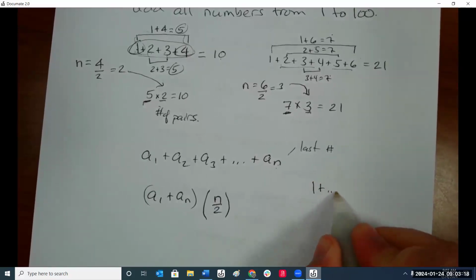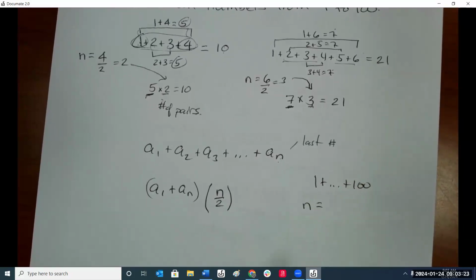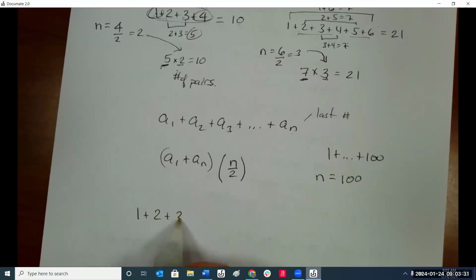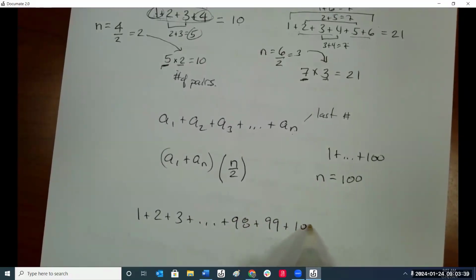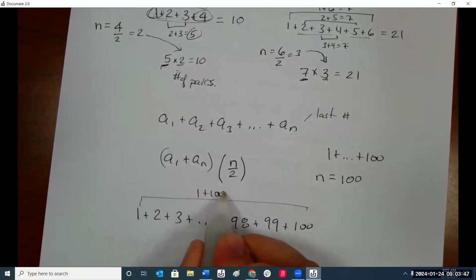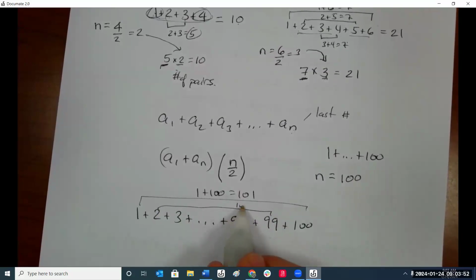So if we're going from 1 to 100, how many numbers do we have? We have 100, right? If we add the first and last number, what do we get? 1 plus 100 is 101. 2 plus 99 is 101. 3 plus 98 is 101.